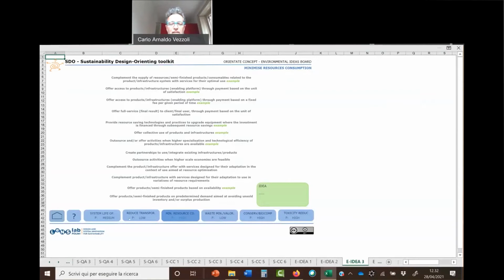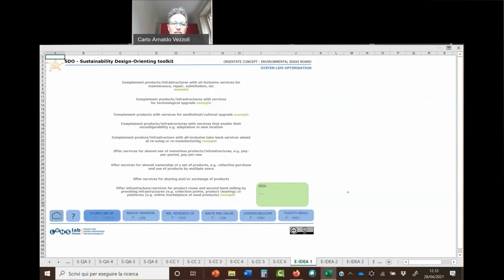So again, here you can drag and drop ideas, and the point is that the idea should be up to a system level. And you will develop for resource reduction and for the others, if we are here, for example, I don't know, something to complement product infrastructure with services for maintenance and repair.